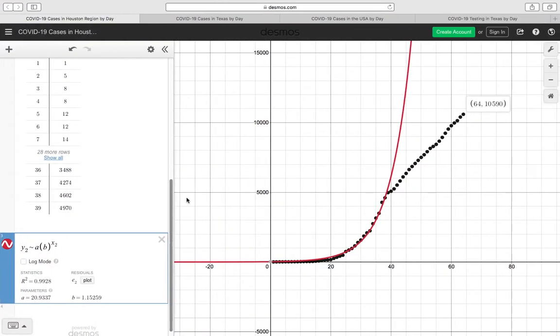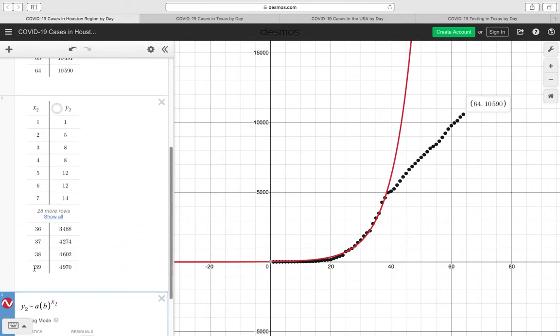So I'm going to look over here, and I'm going to look at the regression that I ran on the data that happened before whatever intervention or action was taken. This regression applies only up to day 39. Why? Because something happened here that changed the course of it. So I want to see what would have happened if we hadn't done anything. So that's what that equation is.